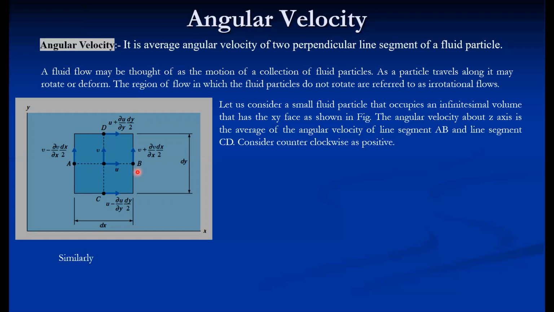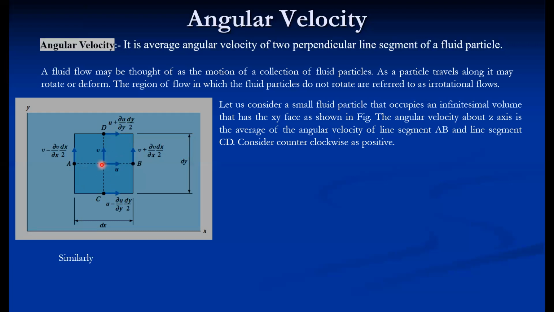Now we consider the variation of y component velocity along this particular line. From the center, if we move towards right, the velocity increases, that we assume, and if we move towards left, the velocity decreases. This is as per the sign conventions. Generally, the positive direction we consider towards right, negative direction towards left. So the same concept is used here.